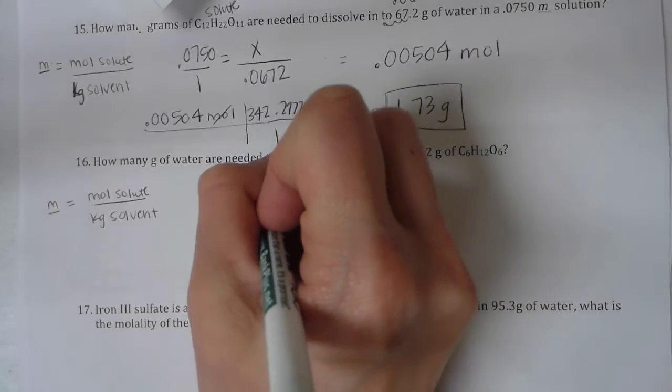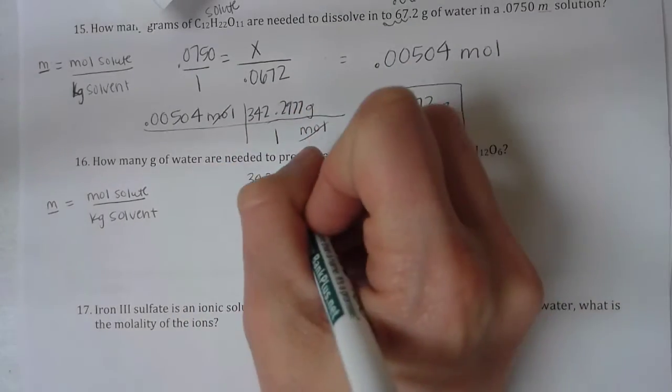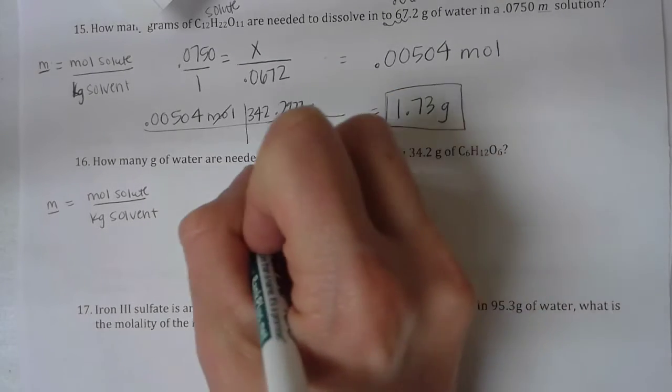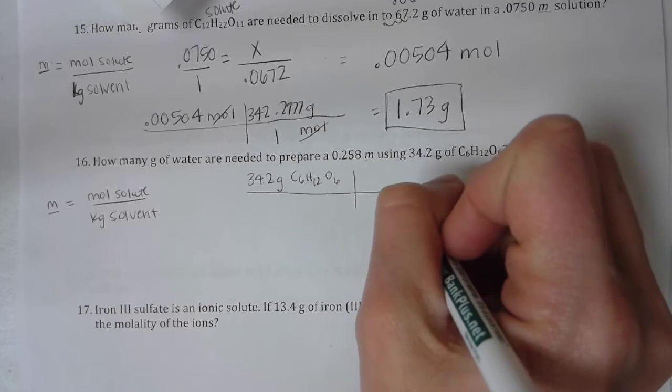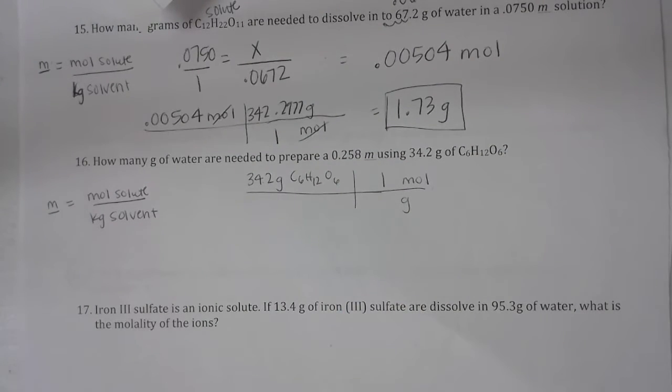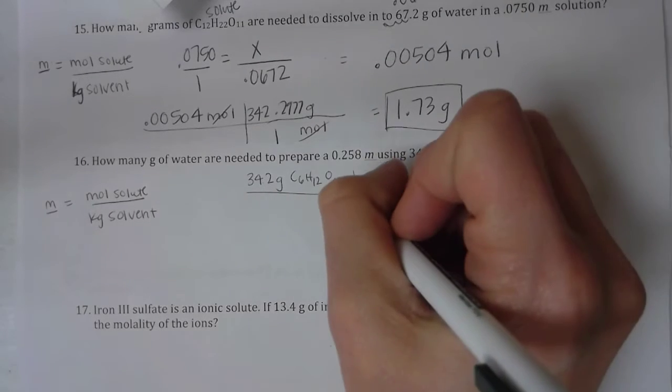So 34.2 grams of C6H12O6. And I'm going to get rid of grams and change it to moles. So how many grams are in 1 mole of C6H12O6? If I look that up, I get 180.156.